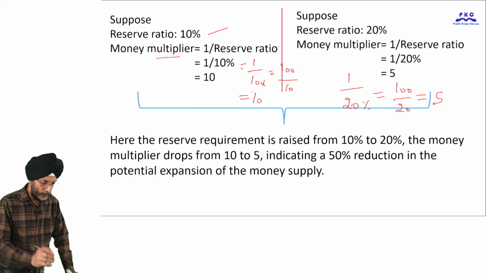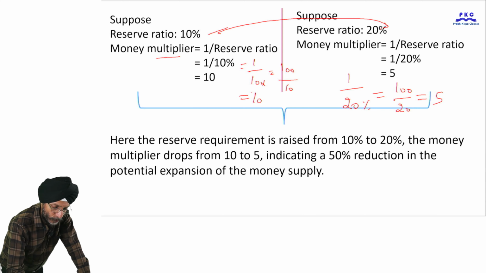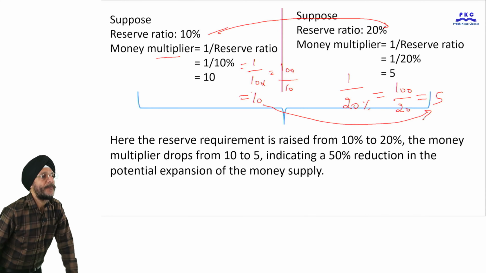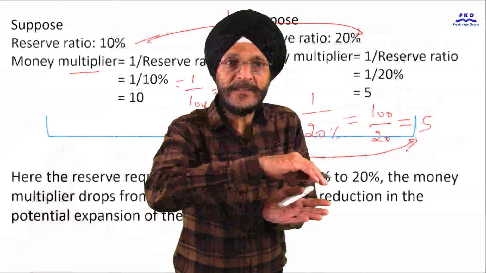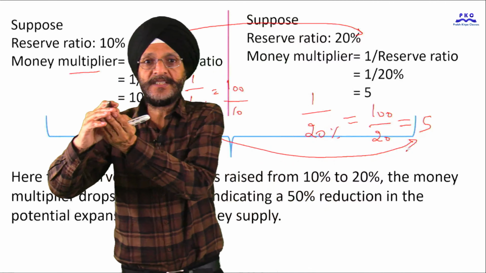So you will observe here that if the reserve ratio is increased from 10 to 20, the money multiplier decreases from 10 to 5. So as we increase the reserve ratio, the money multiplier decreases.